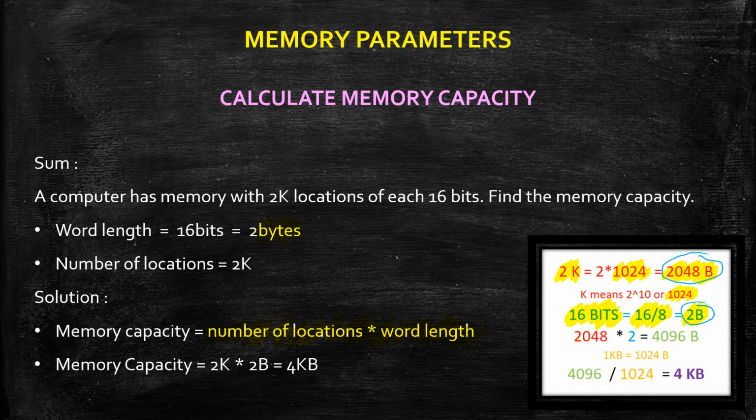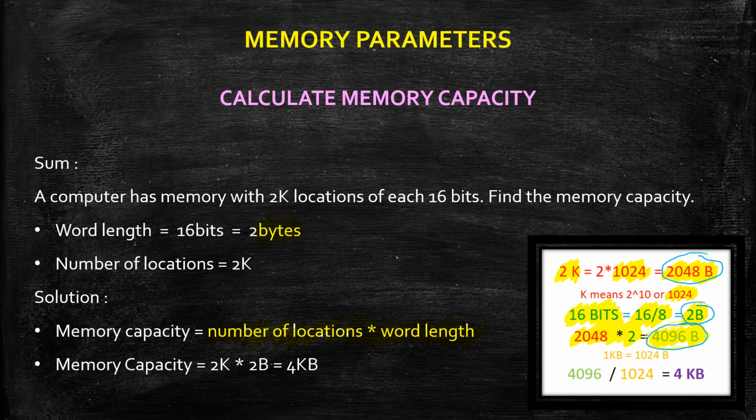So 2048 multiplied by 2, and finally we got 4096 bytes. So here your answer is in bytes, right? But we know that when we measure the capacity or check the size, we normally have KB, MB, GB like that, right?